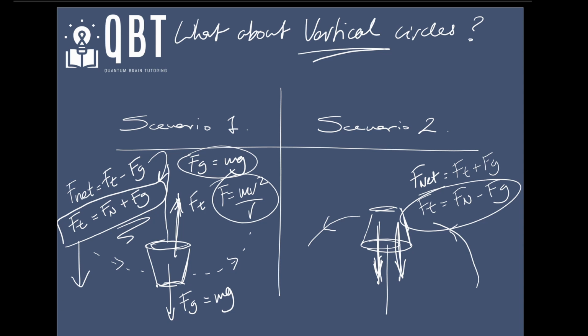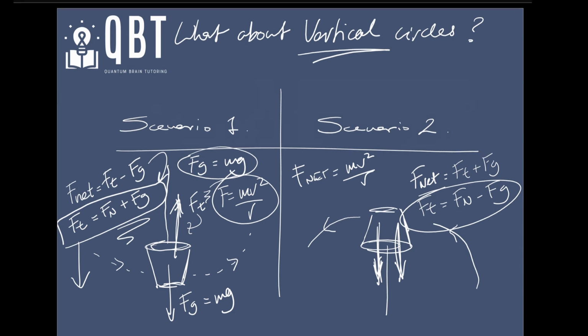Sorry, this is just so this isn't too confusing: if we're finding F net, that's going to be mv squared over r, by the way. I know this looks a little confusing, but I've just labelled that. You can see that the two equations are different, and it's important that we can draw free body force diagrams for something undergoing circular motion in a vertical circle, and that we can rearrange for the tension force.